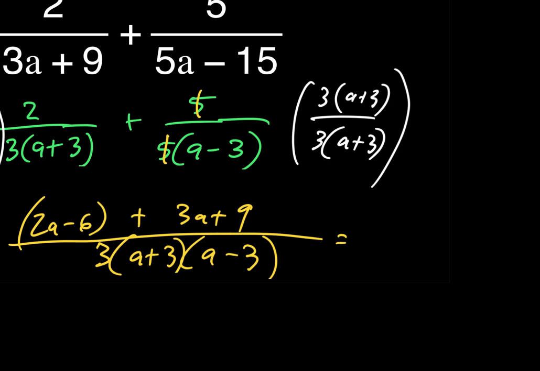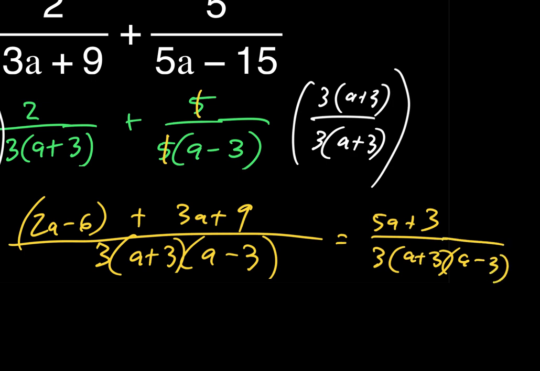Numerator simplifies to 5a plus 3, negative 6 plus 9, over 3 times a plus 3, a minus 3. There is nothing there that can reduce because 5 and 3 are not divisible by the same number. This 3 cannot reduce with that 3. That's adding, not multiplying.